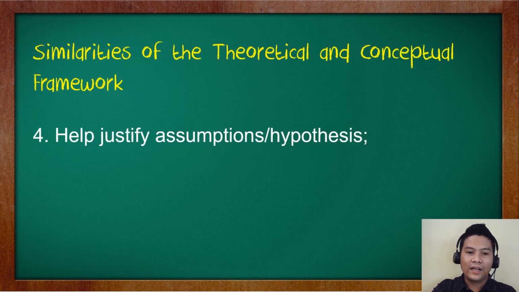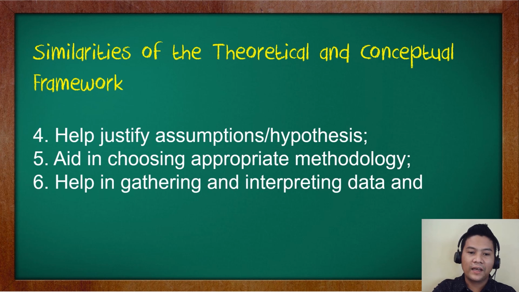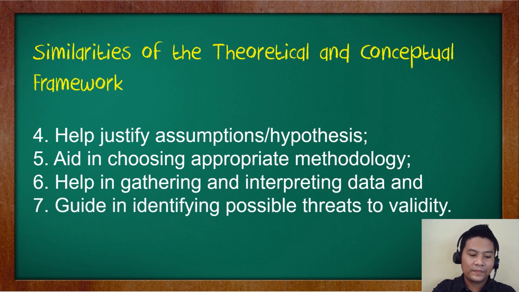Number four, help justify assumptions and hypotheses. Number five, aid in choosing appropriate methodology. Number six, help in gathering and interpreting data. And number seven, guide in identifying possible threats to validity.